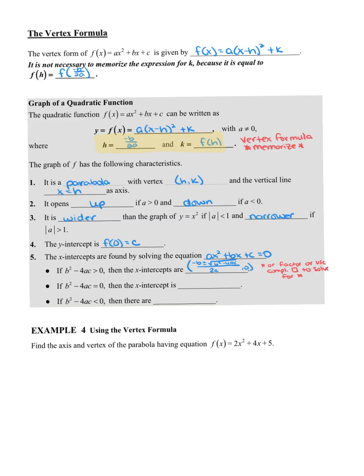If b squared minus 4ac is equal to 0, then the x-intercept is negative b over 2a comma 0. If b squared minus 4ac is less than 0, then there are no x-intercepts.